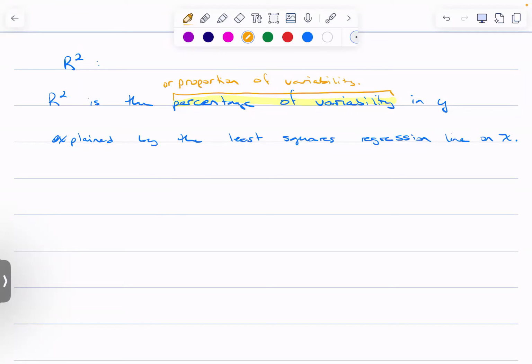Whether I say 78% of the variability in whatever the Y is explained by the least squares regression line on whatever the X is, right? That's how I would give you the R squared. R squared is percent in Y. Yeah. But you would have to fill in what these values are from the question.